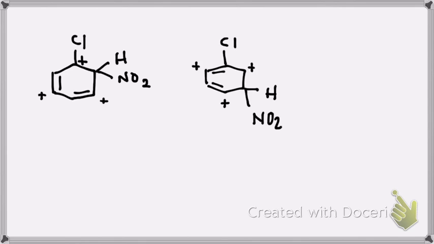But the other thing that the chlorine has going for it is it has lone pairs. So the chlorine can donate electron density back through the lone pairs, but it pulls electron density out because of its electronegativity. And so it turns out what happens is, if you look at this other structure, the meta addition, right? This chlorine can never stabilize this positive charge.